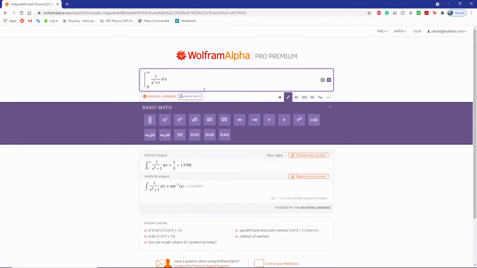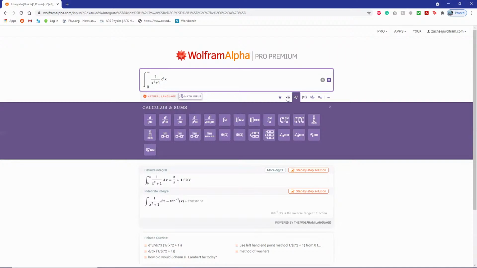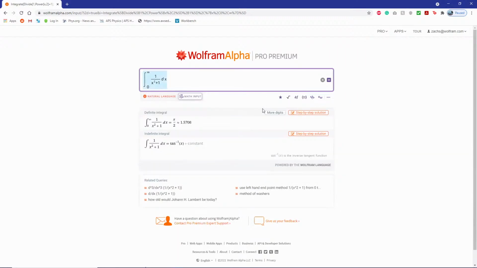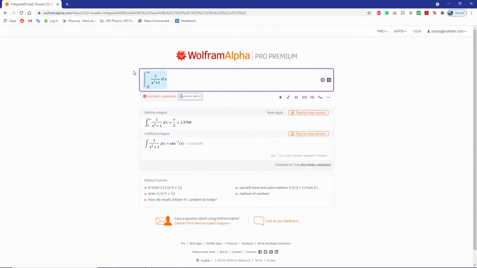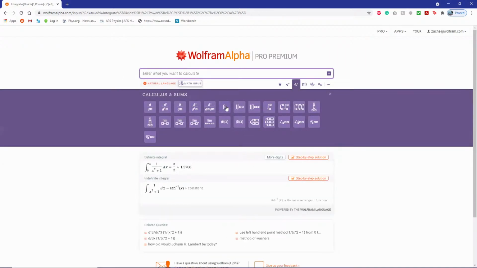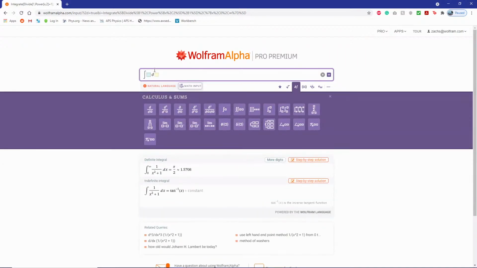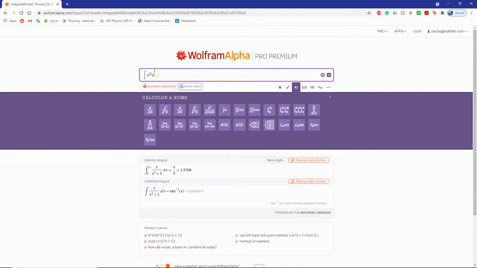We can take lots of improper integrals and just plug them in. Pretty easy stuff. We can also, if we don't want to solve a definite integral, just take the integral itself. So we could just integrate something like x squared plus x.